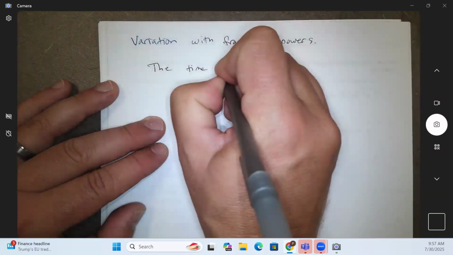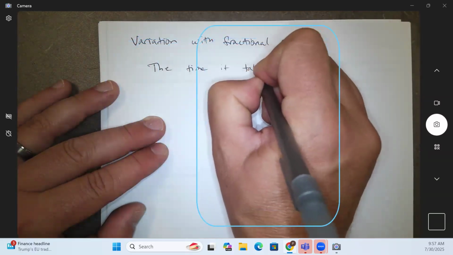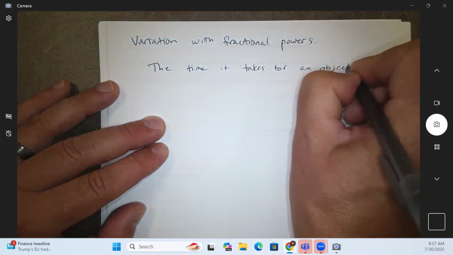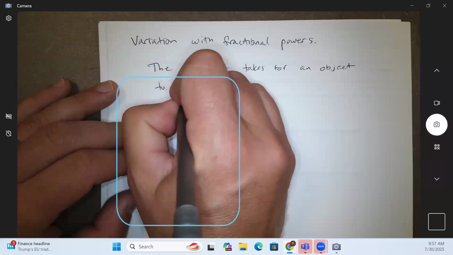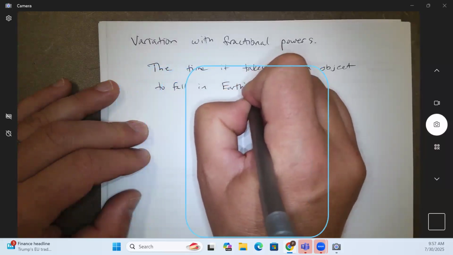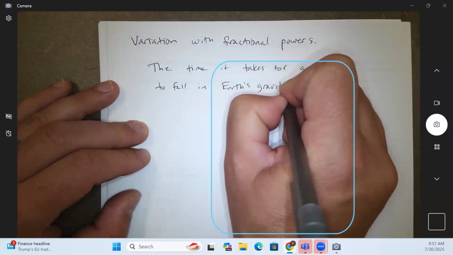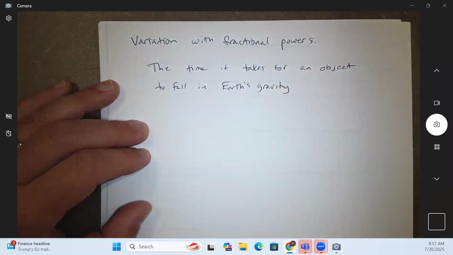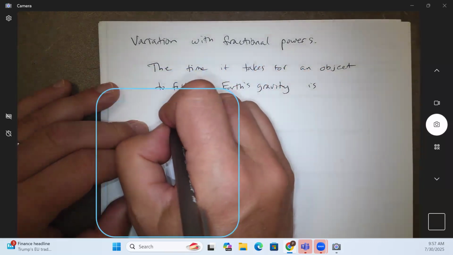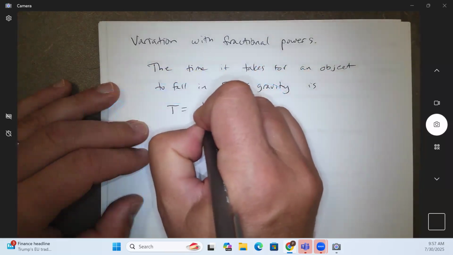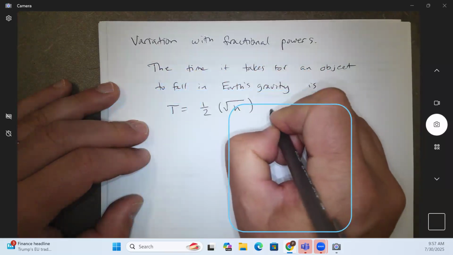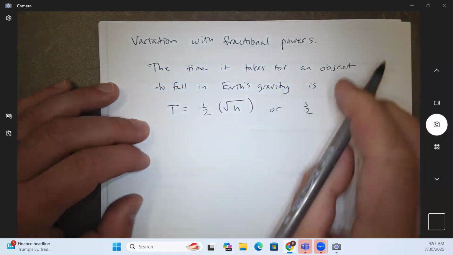The time it takes for an object to fall in Earth's gravity, ignoring air resistance, is time equals 1/2 times the square root of h. Is it 1/2 or is it 1/4?